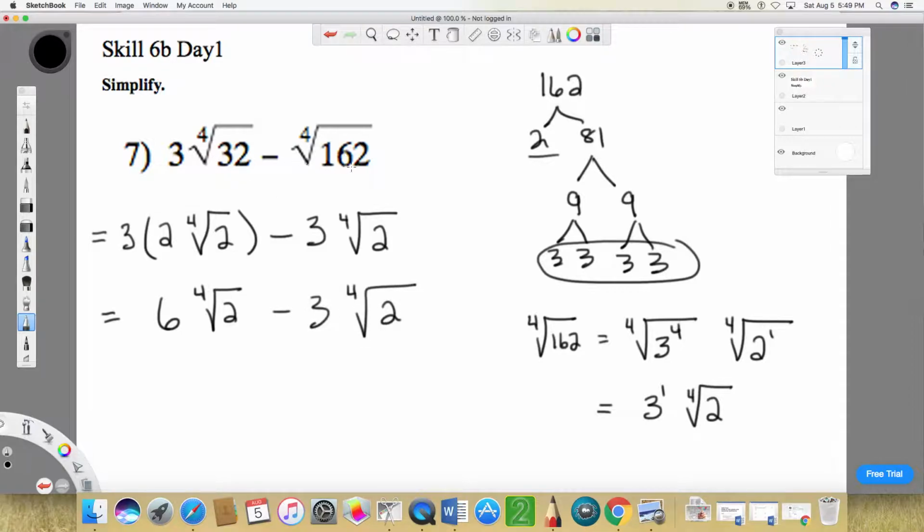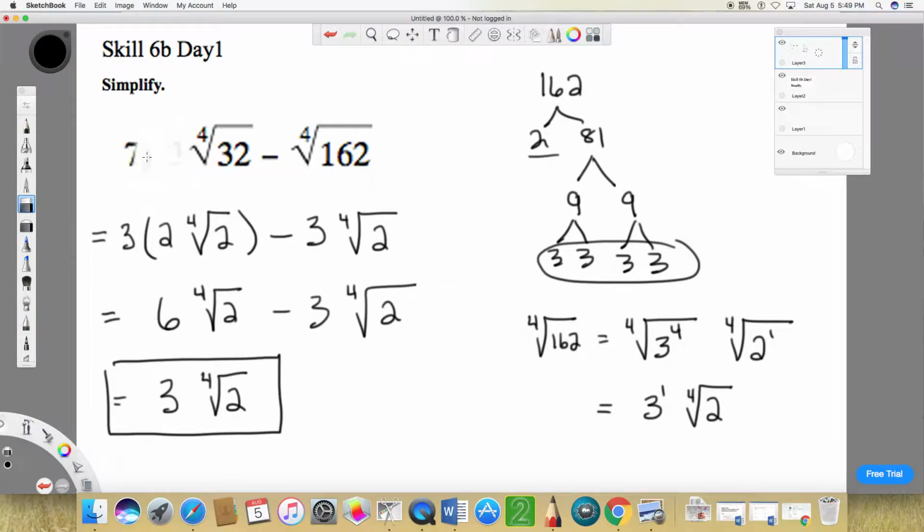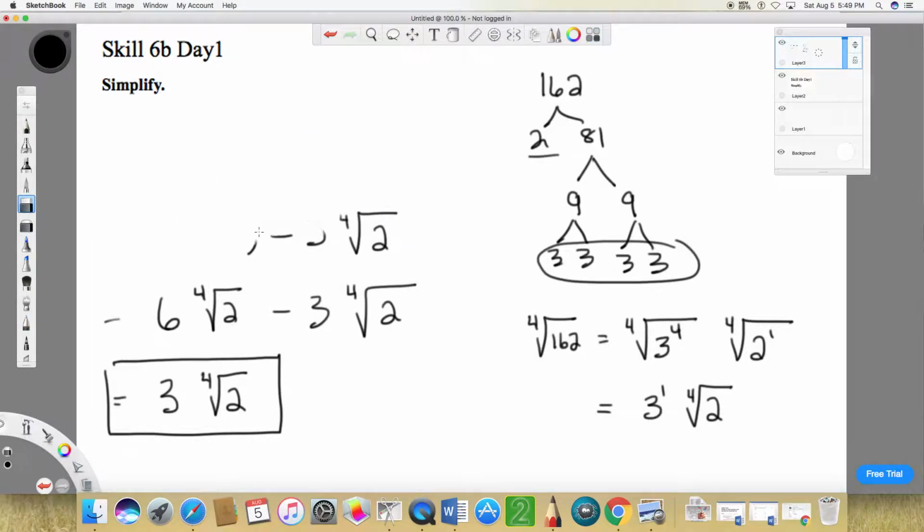It was too hard to recognize it the way it was originally written, but in simplifying it, we've recognized that, hey, you have 6 of these fourth roots of 2, and you're taking away 3 of these fourth roots of 2. What you'll have left is 3 of these fourth roots of 2. Let's move on.